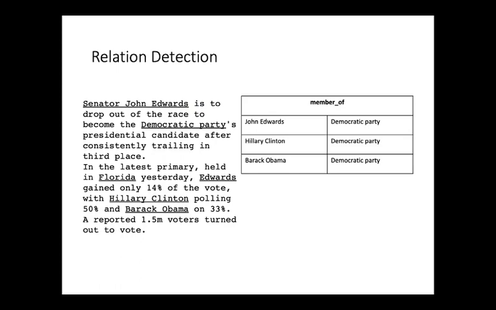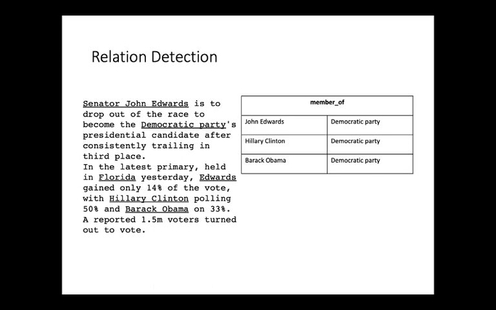So you might be interested in the names themselves. You might be interested in how they connect to each other. It may be more interesting to think about relations between names. So you might have a member of relation.